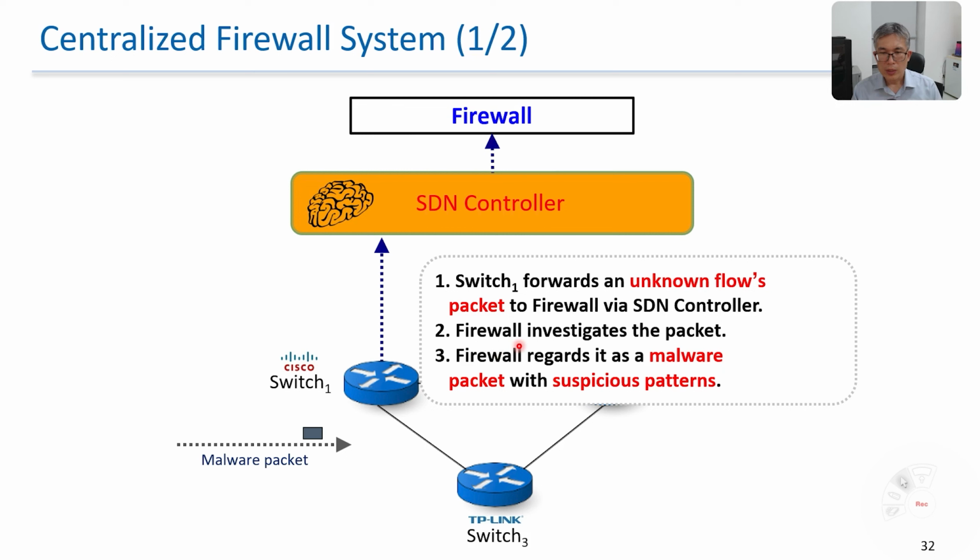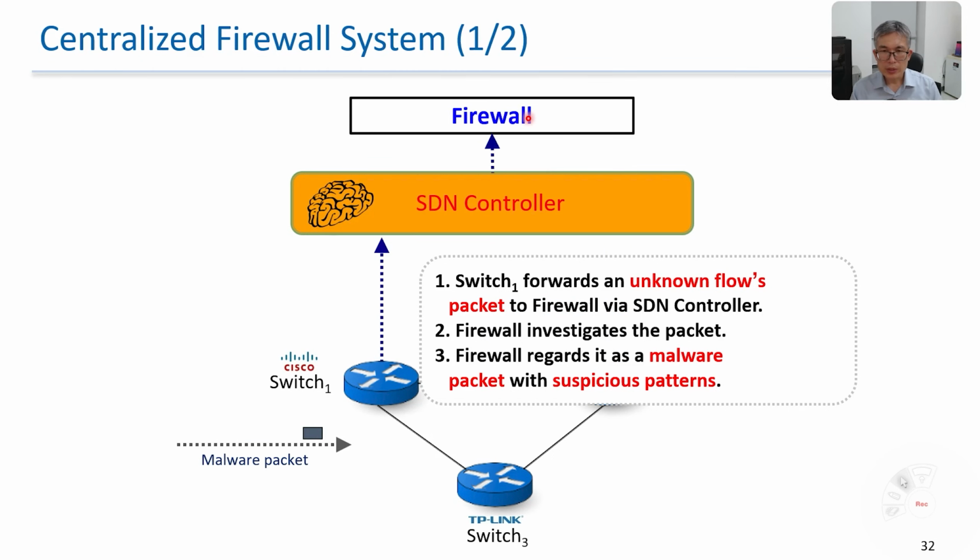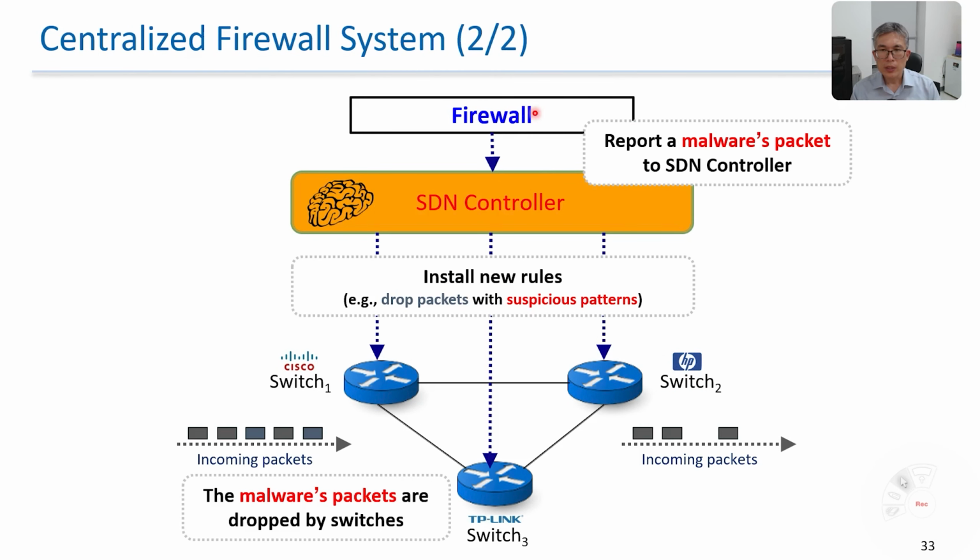So if the firewall regards it as a malicious packet with a suspicious pattern, secondly, the firewall reports the malicious packet to the SDN controller, and then the SDN controller takes a counteraction by installing new rules like dropping packets with those suspicious patterns.